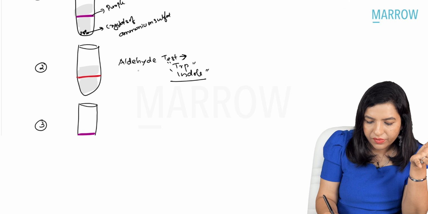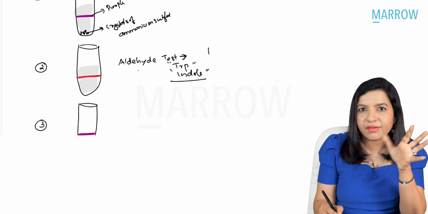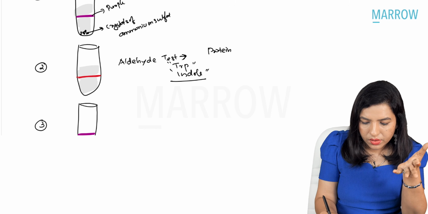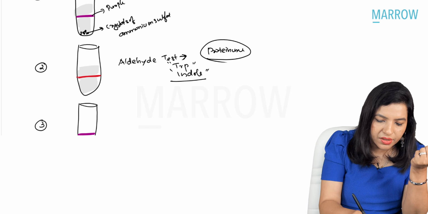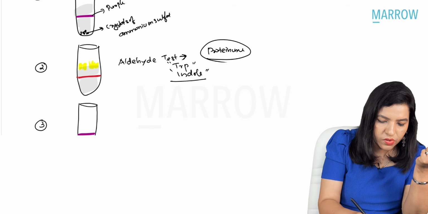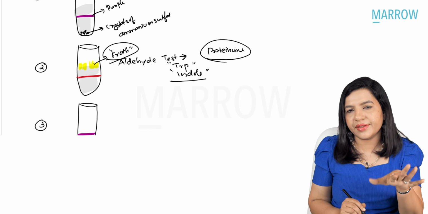Usually whenever we are suspecting it, we can see excretion of protein in urine. Whenever there is excretion of protein in urine, what we can see on the surface of the liquid will be froth. So if you can see froth on the surface, then it's an aldehyde test.